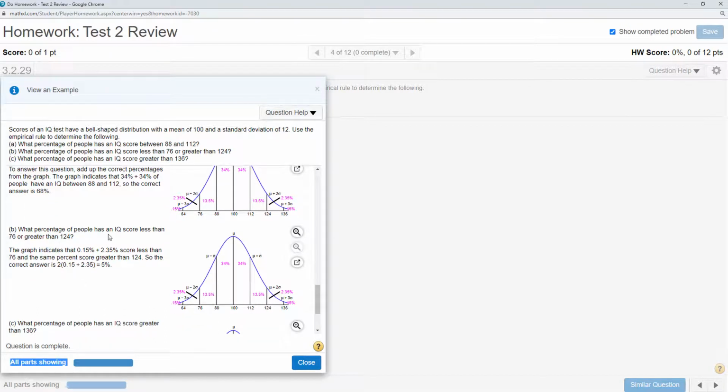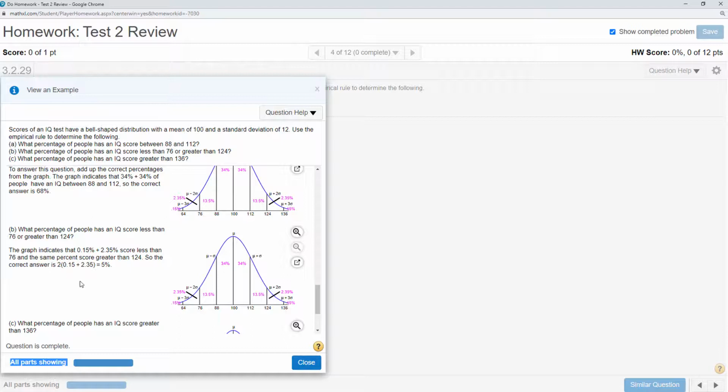What percentage of the people have an IQ score less than 76 or greater than 124? Less than 76 is going to be 2.35% plus 0.15%, and the same percent on the other side.